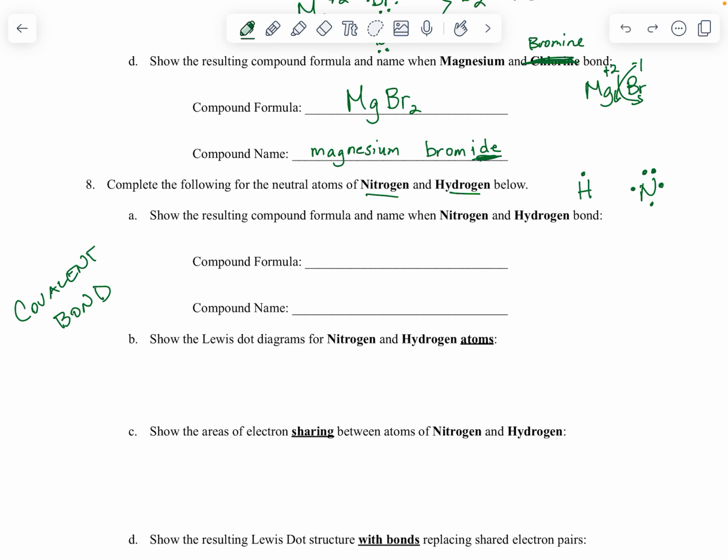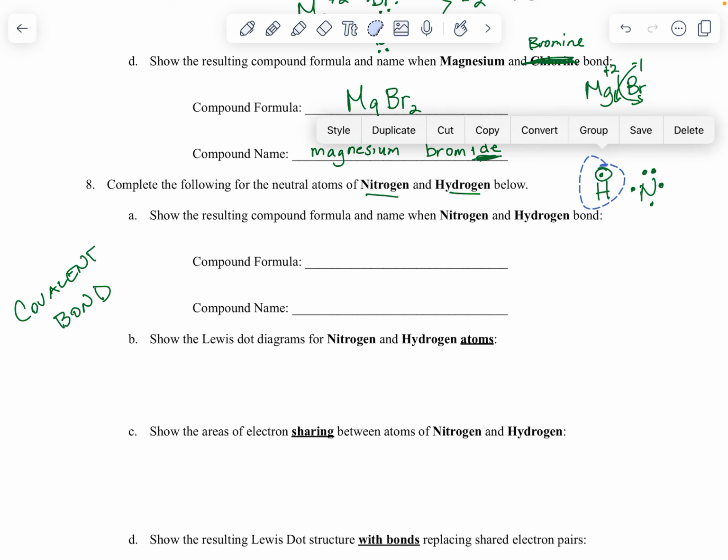And so what I can do is I can say, well, since every hydrogen can only share 1 electron, think of how many hydrogen I am going to need to be able to satisfy nitrogen's octet, right? And what we end up seeing is that this hydrogen would be able to satisfy there, right? But then we'll need another one here, and then we'll need another one here, right?